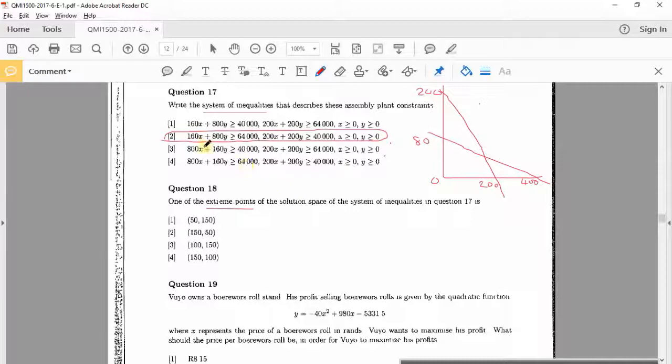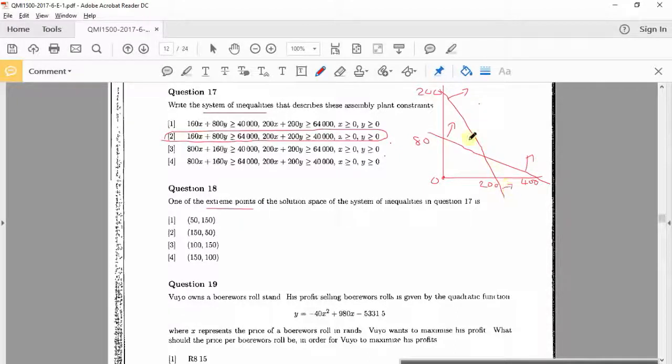Now I'm looking for the extreme points. Obviously this is 160x plus 800y must be greater than 64,000. Do you agree if I had 0, 0 here? 0 times that is 0, 0 plus 0 is 0. Is 0 bigger than 64,000?